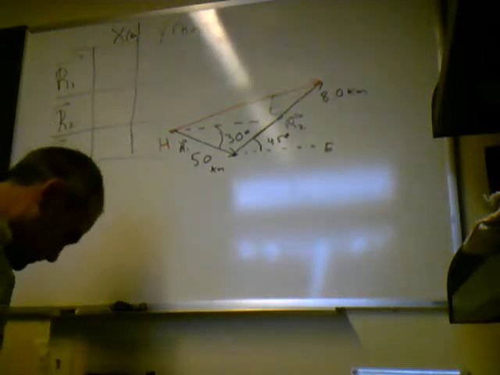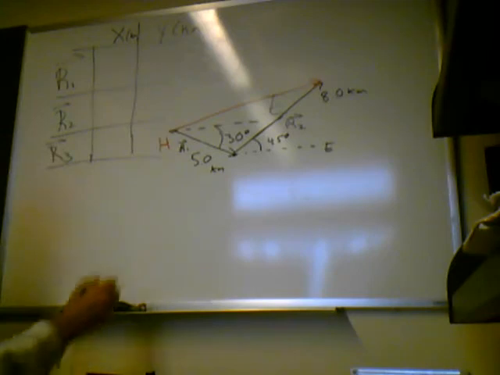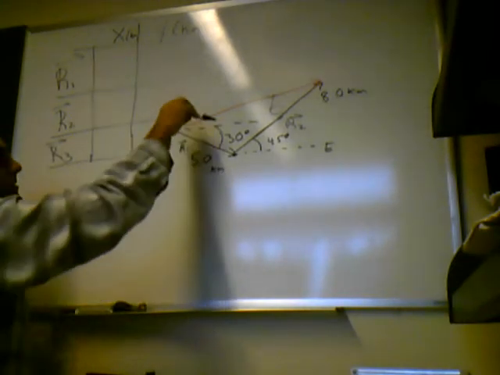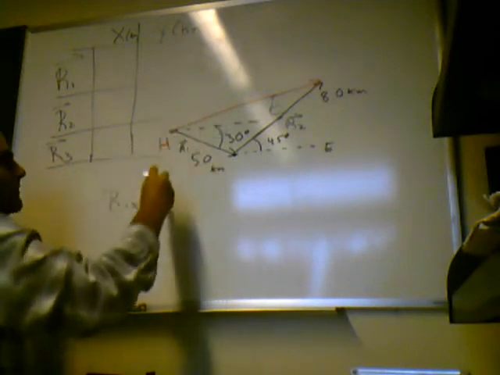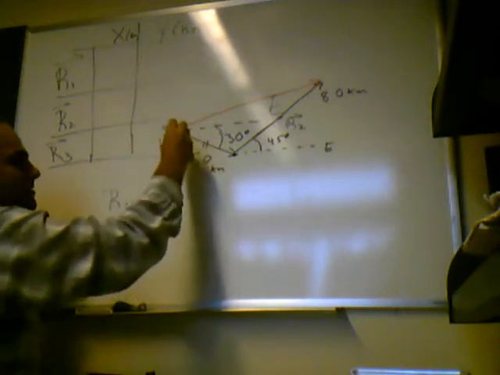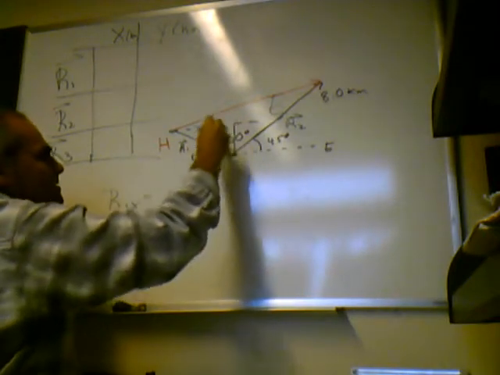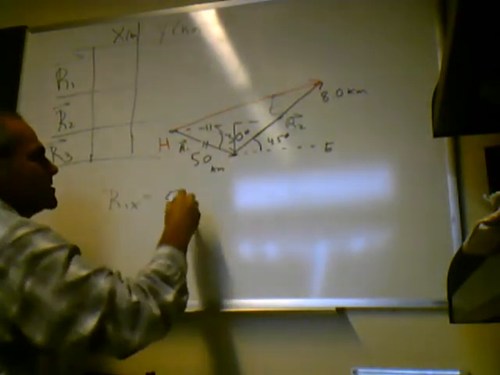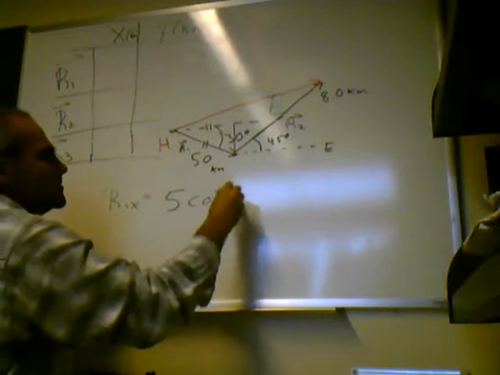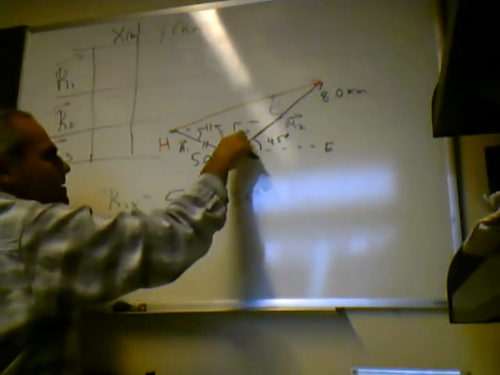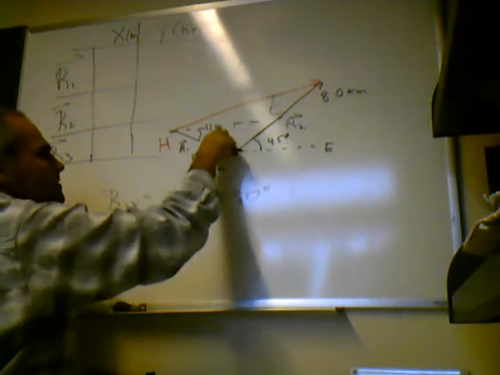Okay, so R1x I'll do right here. It's equal to 5, that's the length of this vector, 5 kilometers, times the cosine of 30 degrees. Since that's the 30-degree angle right there, I'll erase this extra stuff.